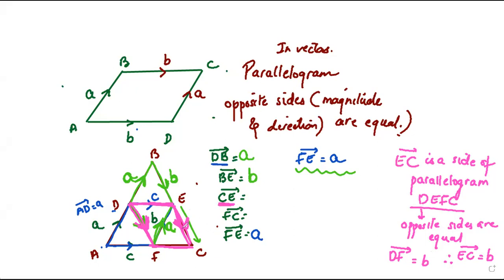Meanwhile, I'm just solving this one. If vector E to C we have calculated as B, that means vector C to E will be opposite of it. And if it's opposite, I will write negative B as my answer.